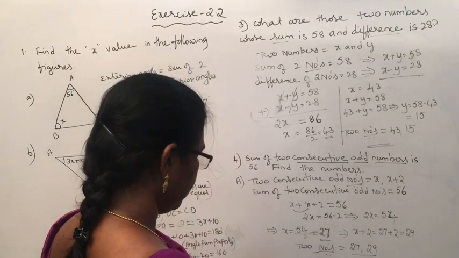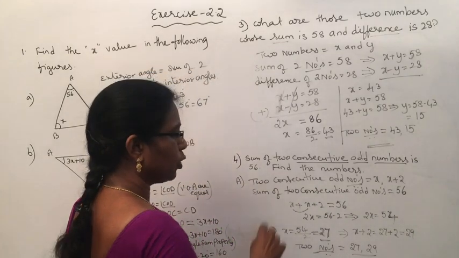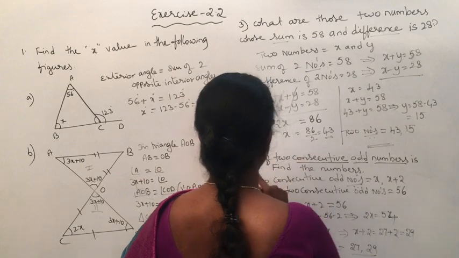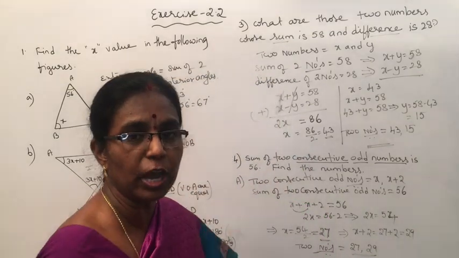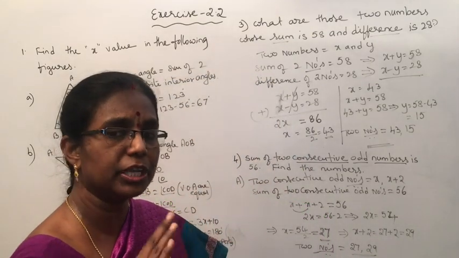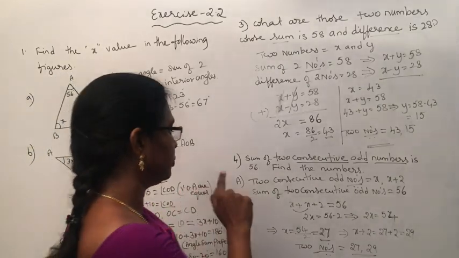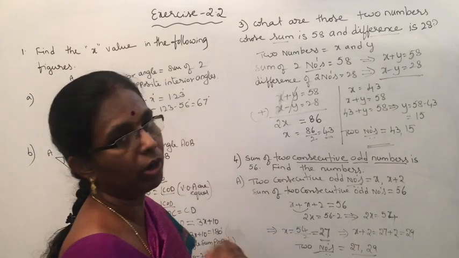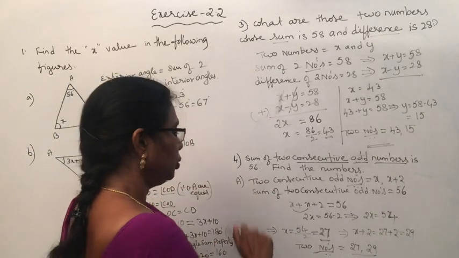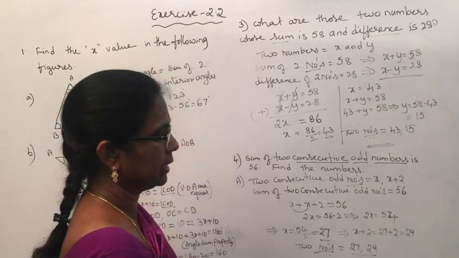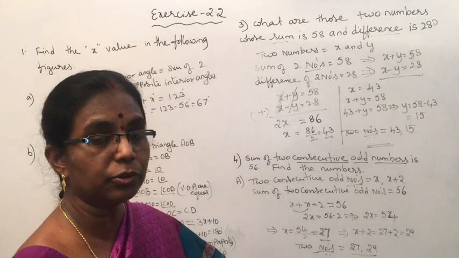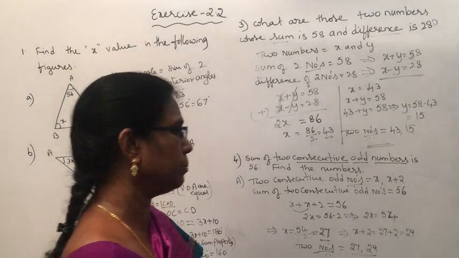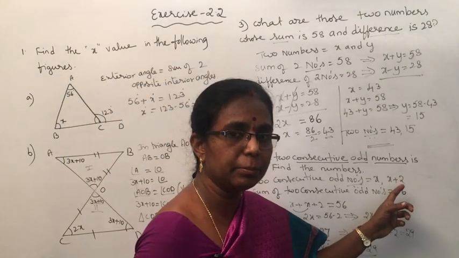Now what is given in the question? The sum of two consecutive odd numbers is 56. That means if you add any two consecutive odd numbers, you have to get 56. What are those numbers? Two consecutive odd numbers, x and x plus 2. Why do we have to take x plus 2? The first odd number we assumed is x. The next odd number is x plus 2.